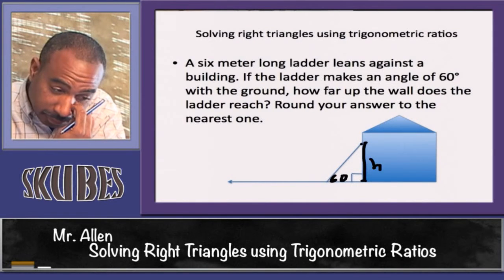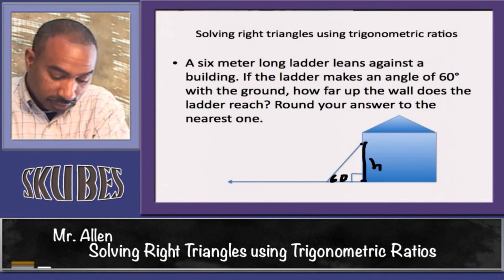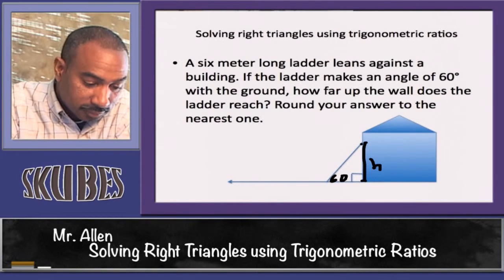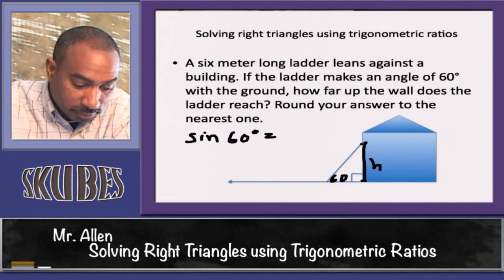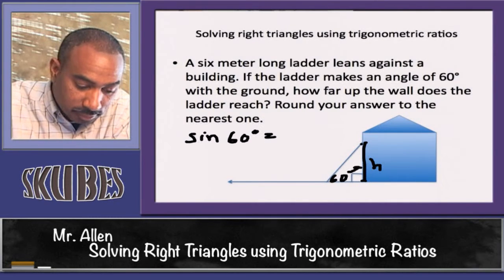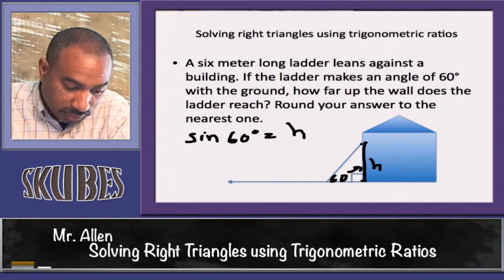And I can use the concept of 30, 60, 90 triangle. So look, I could use the sine to get this. So my setup would be sine of 60 degrees is equal to, remember this is opposite, over the hypotenuse.